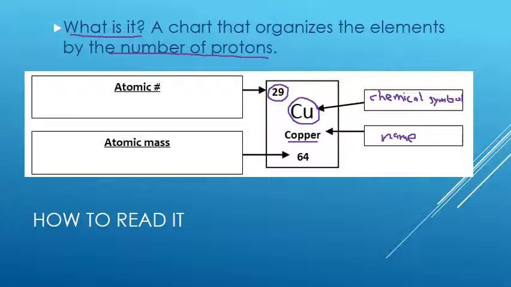That is what we call our atomic number. The atomic number tells us the number of protons in an atom of this element, so copper has 29 protons in each atom.